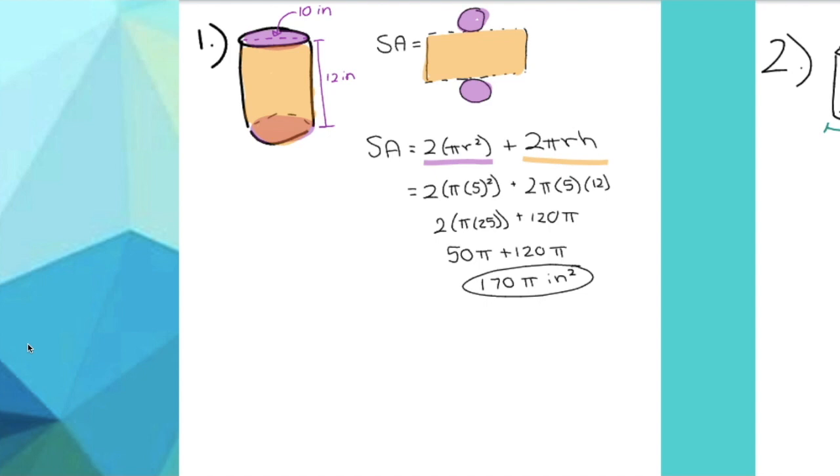Now for the rectangular area, the rectangle's area is length times width. In this context, what is the length of the rectangle? The length is the longer side of the rectangle, and the longer side actually is the circumference of the purple circle. Remember, circumference is the outside part of the circle, and the rectangle's length goes all around that circle.